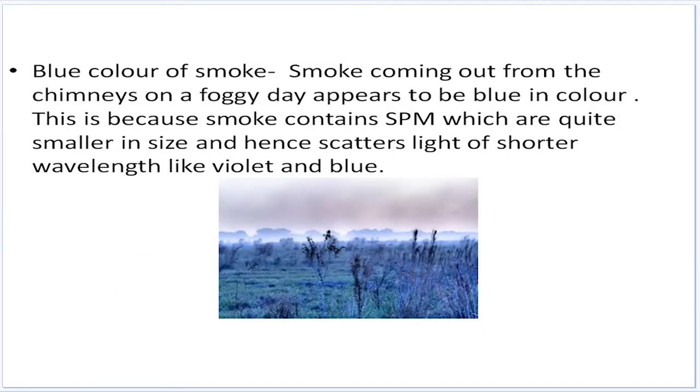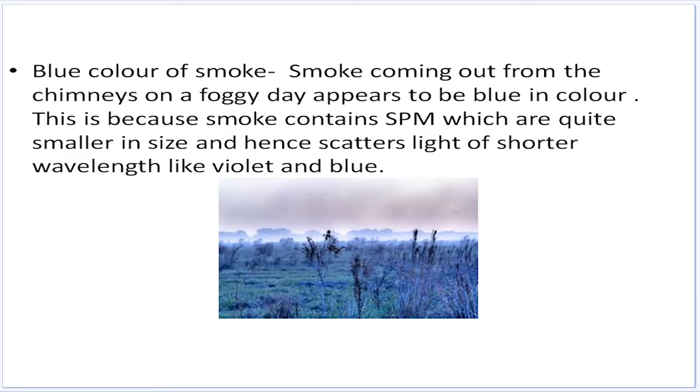Similarly, children, we have the blue color of the smoke. This pictorial representation is especially of the blue color of the smoke seen in Florida. So here we find the smoke coming out from chimneys, especially on a very cold day, on an icy day where we have a large amount of dewdrops present in the atmosphere. On a foggy day, it appears to be especially blue in color.